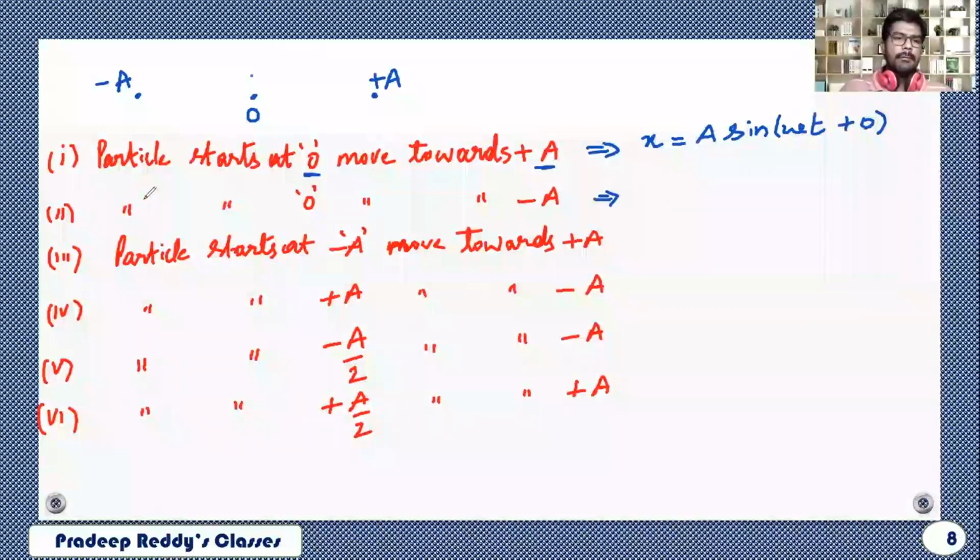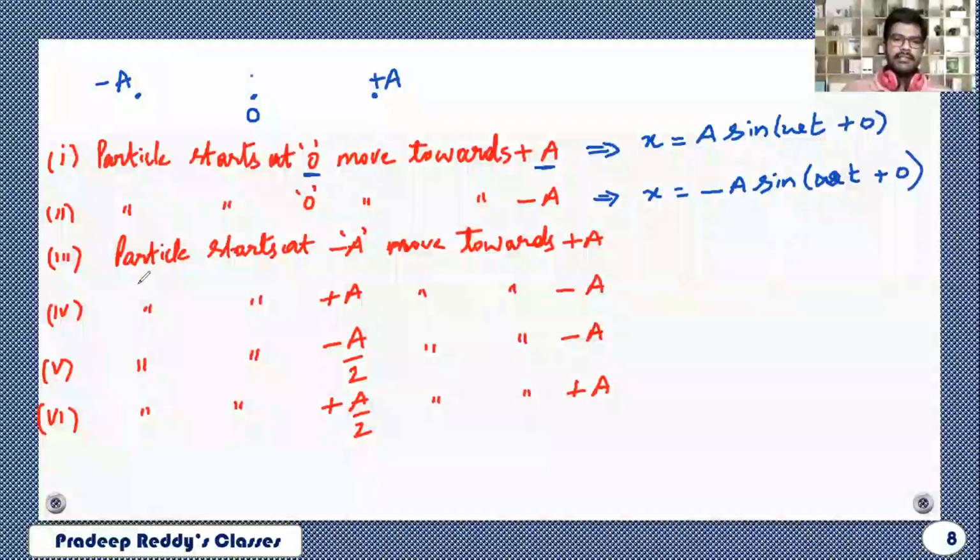Next, the particle is starting at O and moves towards minus A. So starting from this O position, it is going left side. Therefore, I can represent the SHM equation as minus A sine of omega t plus or minus 0, no problem. But as the particle is moving along negative x-axis, you need to take that minus A.